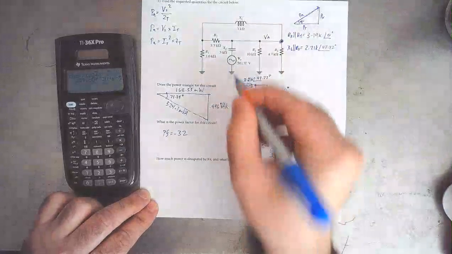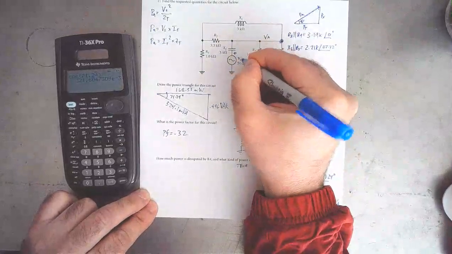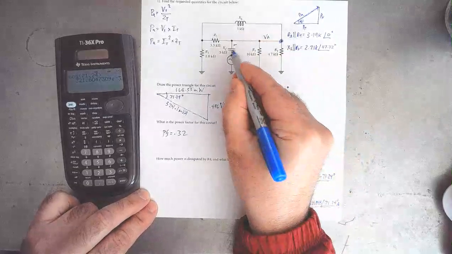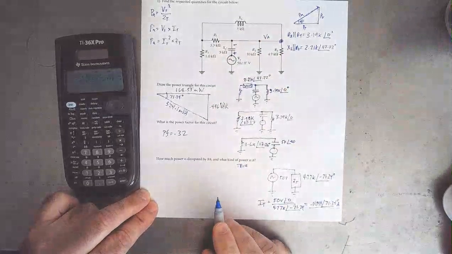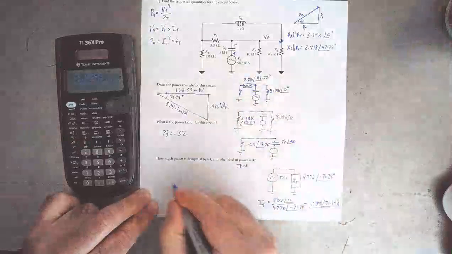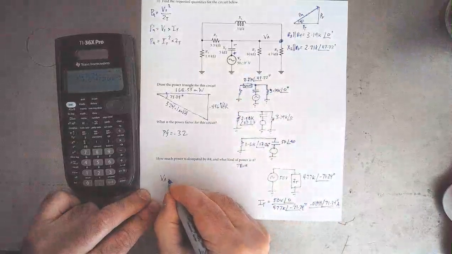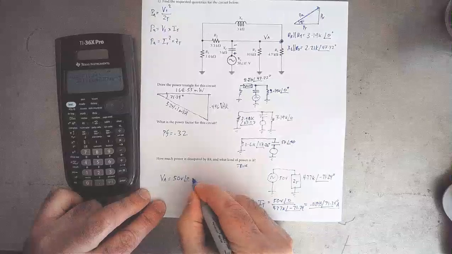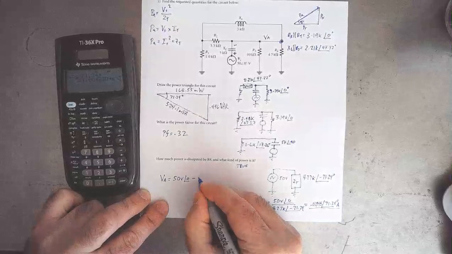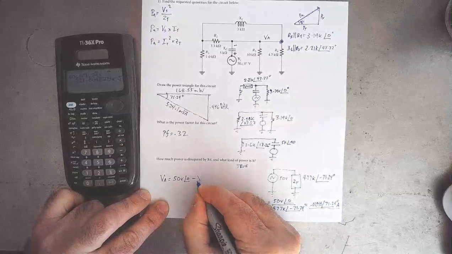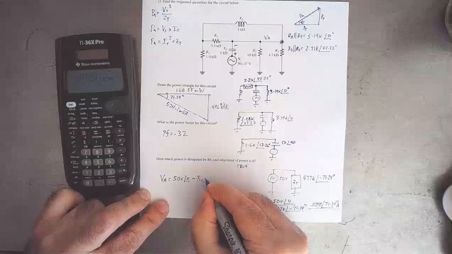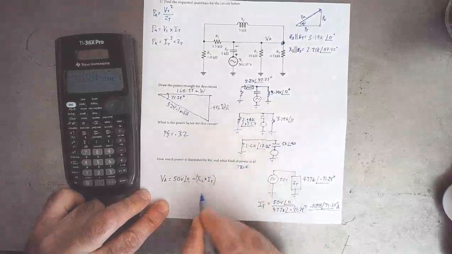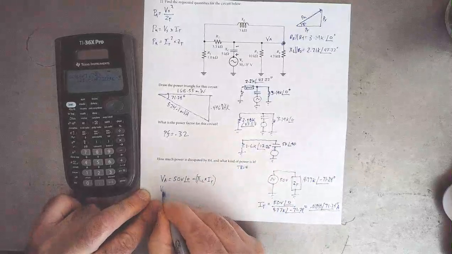That's not going to be too tough for me because I know that the voltage right here is 50 volts. 50 volts minus the drop across the capacitor there is going to give me VA. So VA equals 50 volts at an angle of 0 minus XC times IT right there. So let's fill this in.